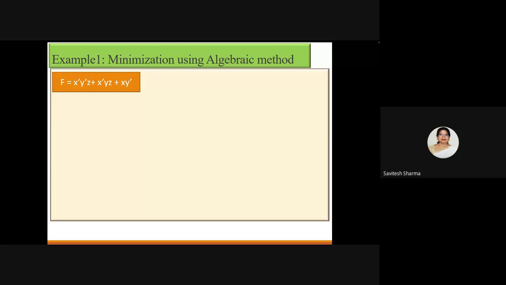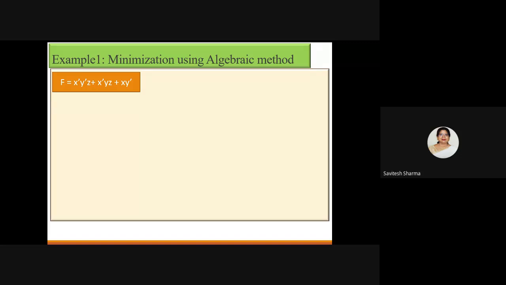So this is the example here. I am showing the function. The given input is a Boolean expression that contains three variables x, y, z. Now you want to minimize. The first step is to see whether any term is repeated or not.